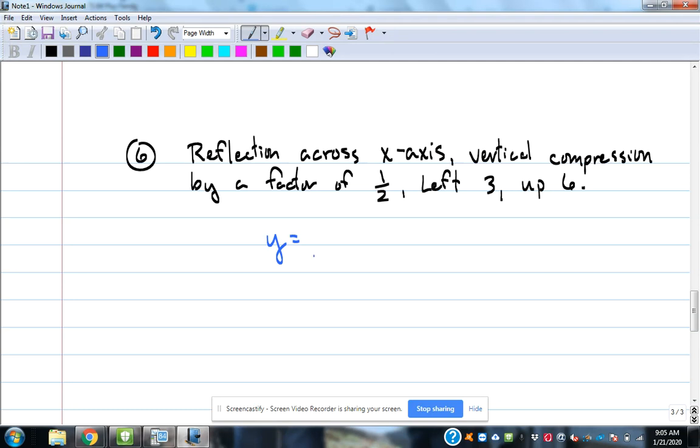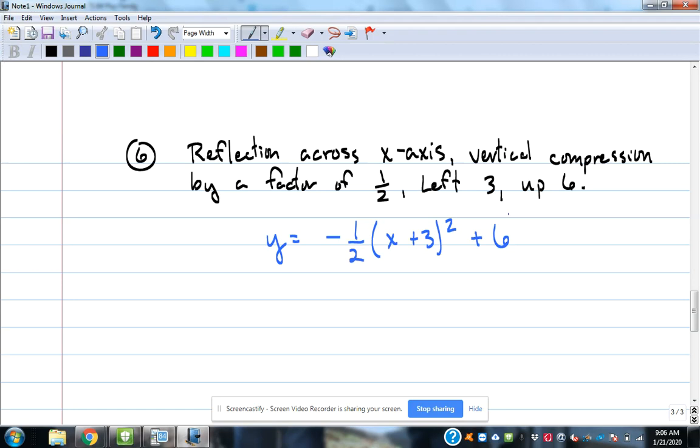All right, so where's this reflection across the x-axis? What's it do? So a negative goes where? On the inside or outside? Outside. A vertical compression goes where? Vertical compression goes on the outside. And then moving to the left 3 will be x plus 3. And up 6 would be plus 6 on the outside. Lot happening with that one.